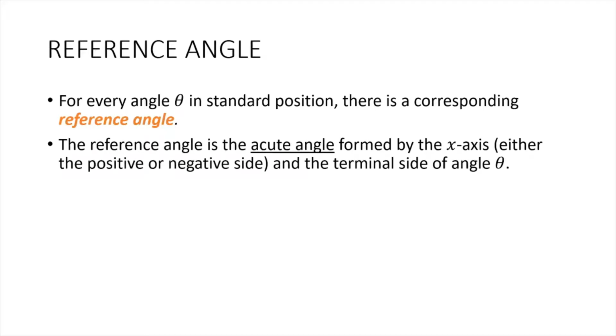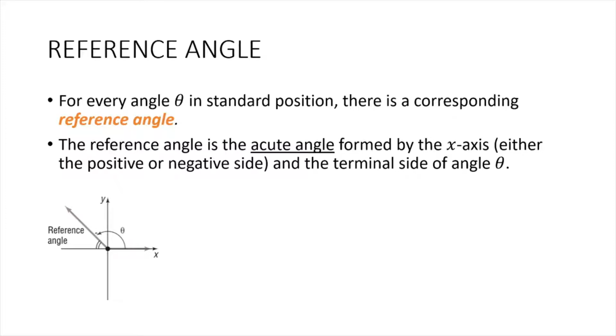The reference angle is the acute angle. It's always an acute angle, which is formed by the x-axis, either the positive or the negative x-axis, and the terminal side of an angle, say in this case, angle theta. So let's look at this angle in standard position, theta. The initial side coincides with the positive x-axis.